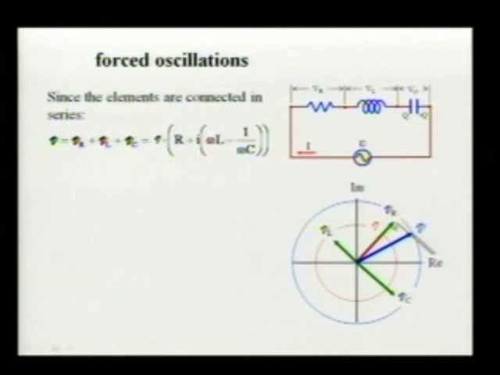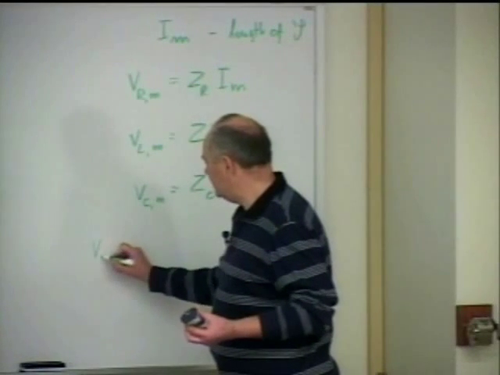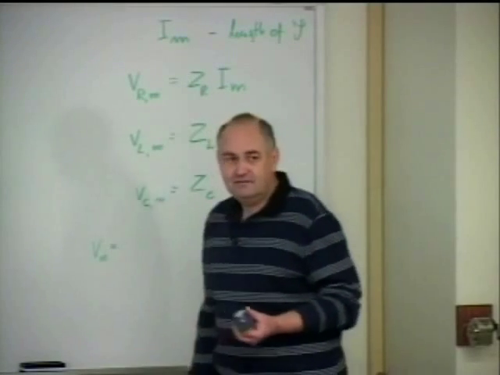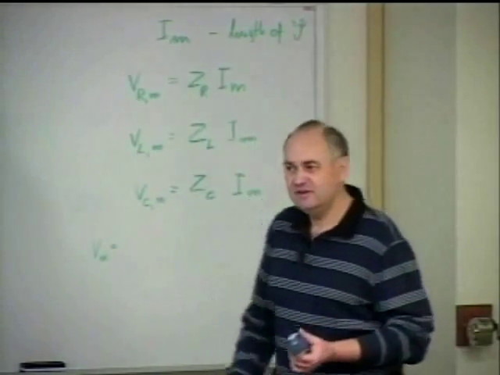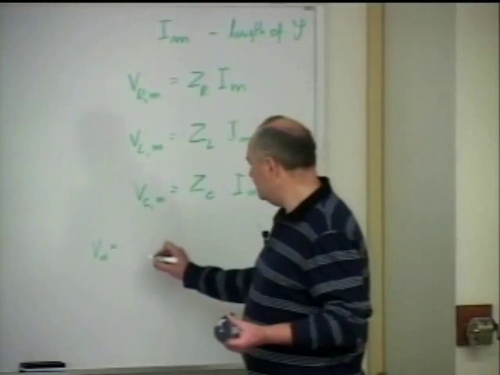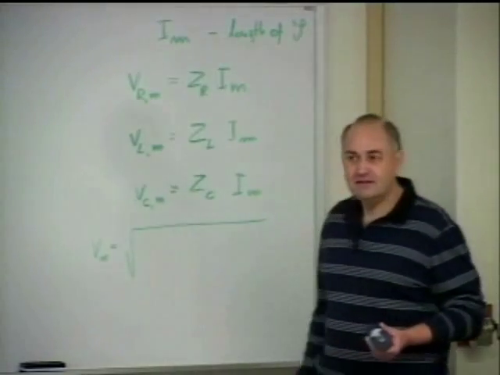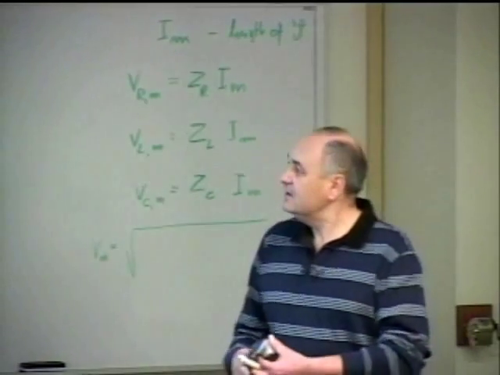And what do I need over there? Not current squared, but I need this one. Right? Correct. Peak value of the voltage across the resistor squared plus what?